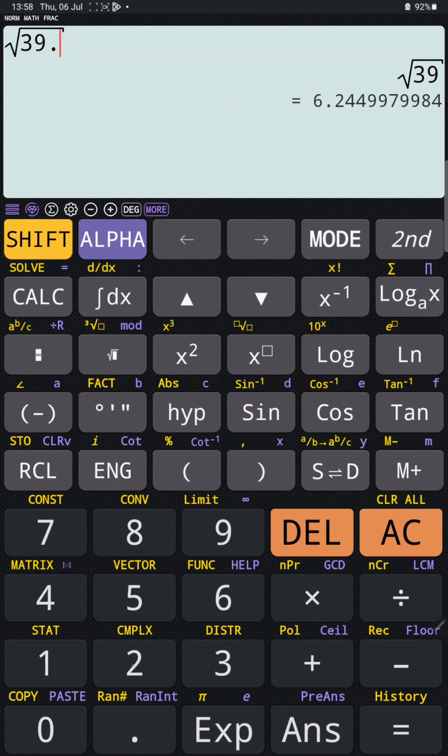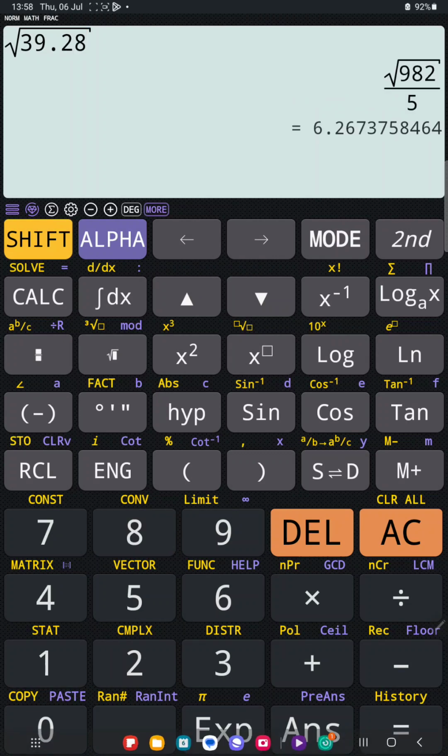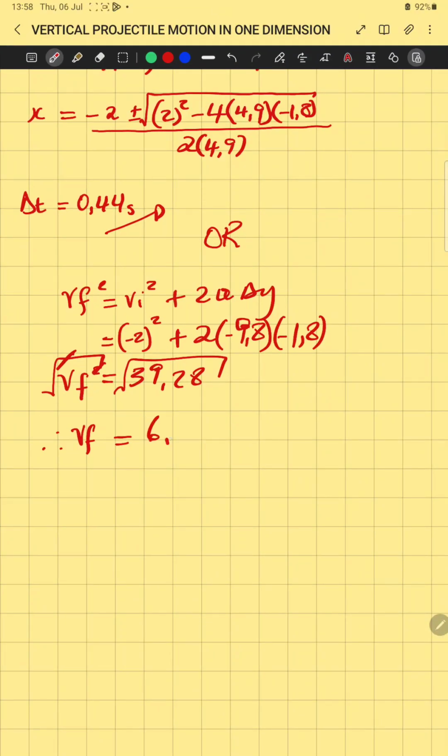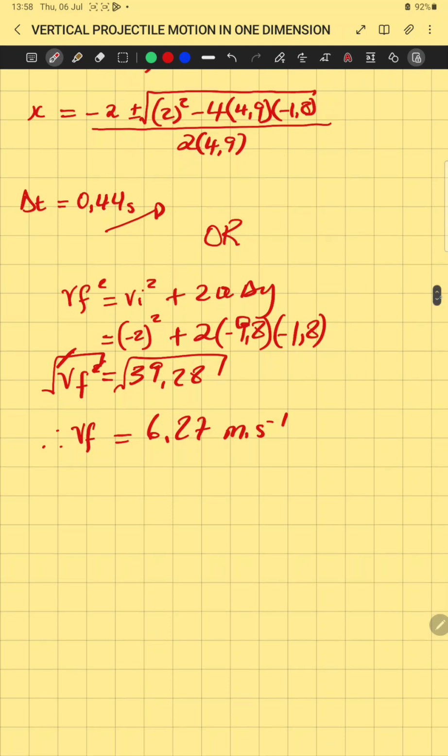It's 6.27. Well, that's perfect. So it's 6.27 meters per second. But remember, guys, we have chosen here the direction.